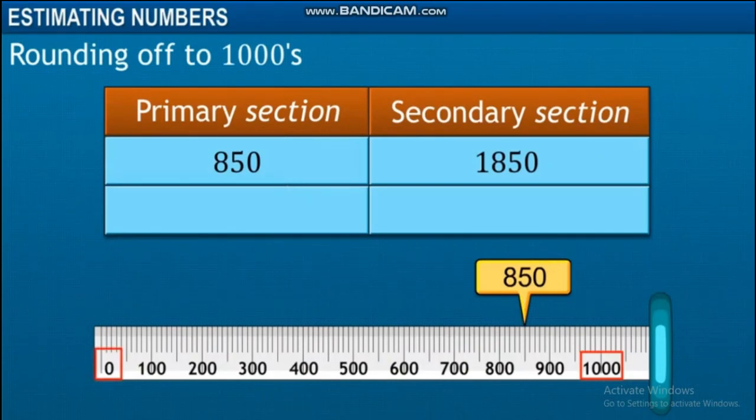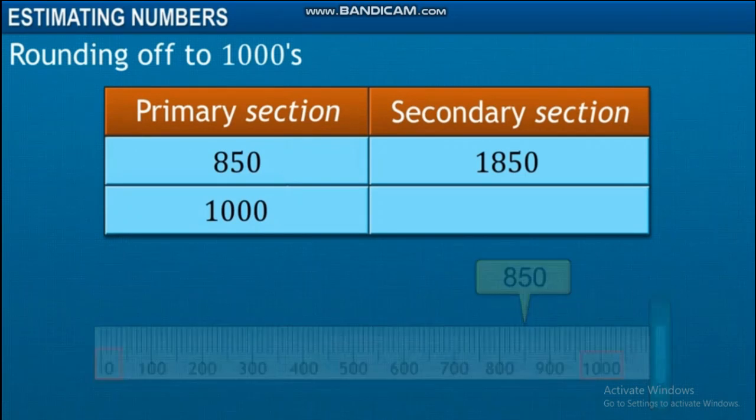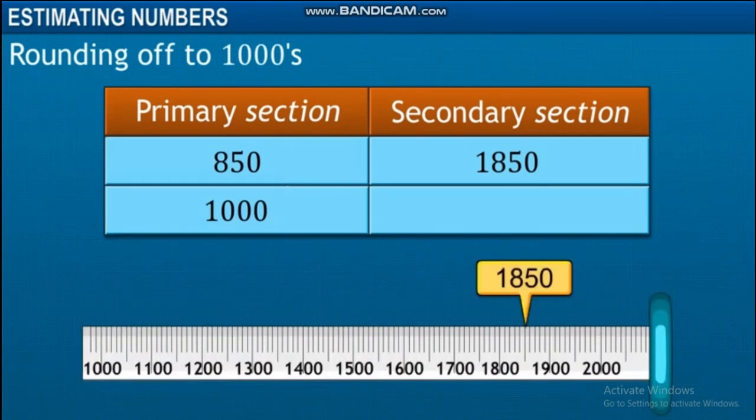Hence, it is rounded off to the nearest thousands, which in this case is 1000. Similarly, 1850 is closer to 2000 compared to 1000. Hence, it is rounded off to 2000.